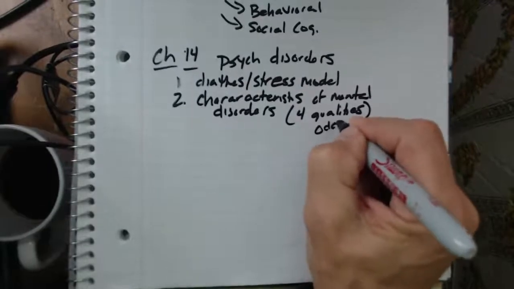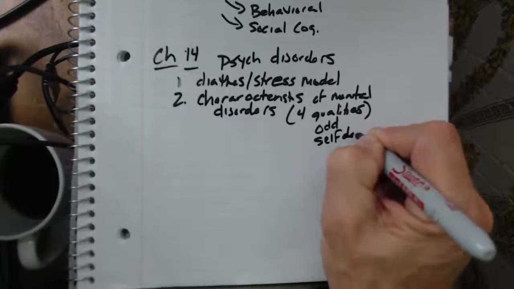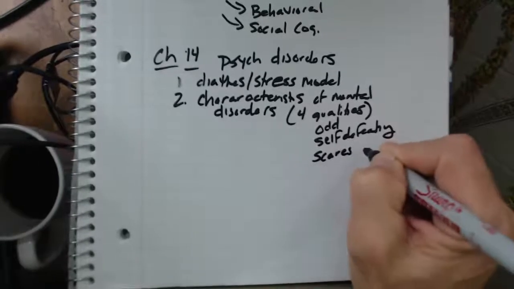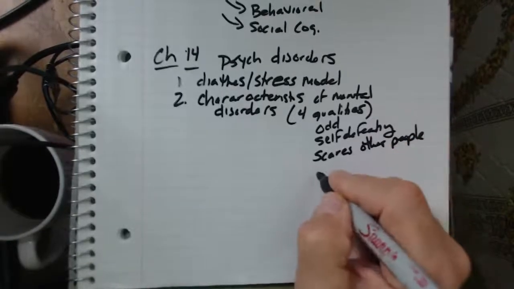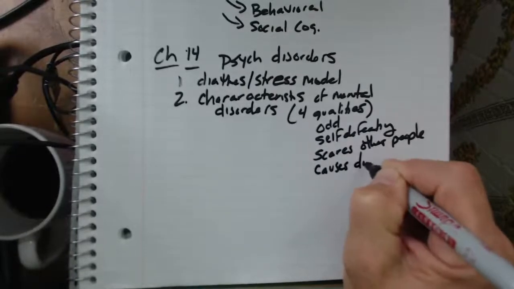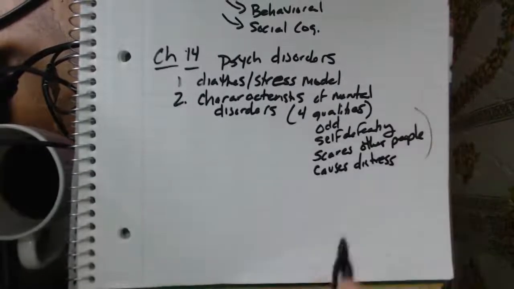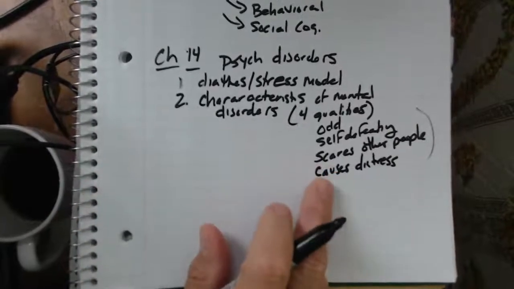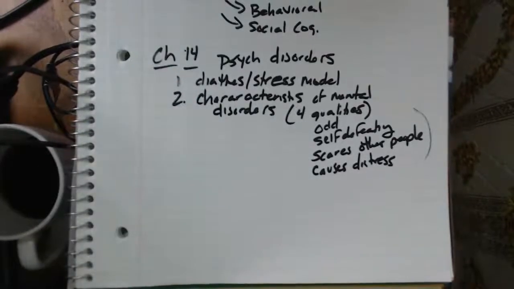It is odd, it is self-defeating, scares other people, and it causes distress. Remember that? And I said that psych disorders actually are very sort of, it's a vague definition. And there was even a PowerPoint slide where I went over that. So you're going to have 2 questions on the characteristics of those disorders. You're going to have 1 question on the diathesis stress model.